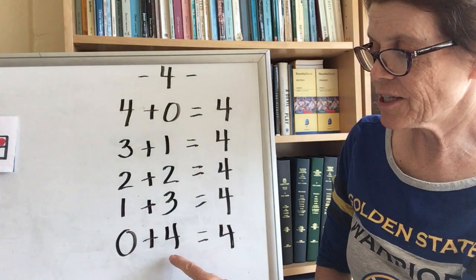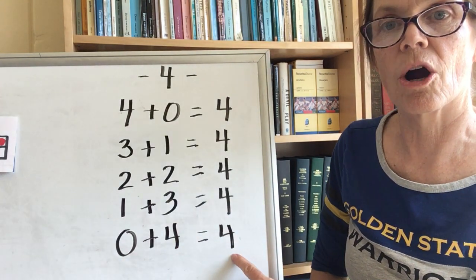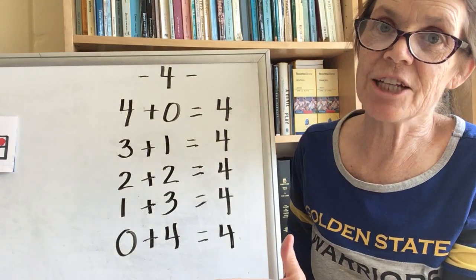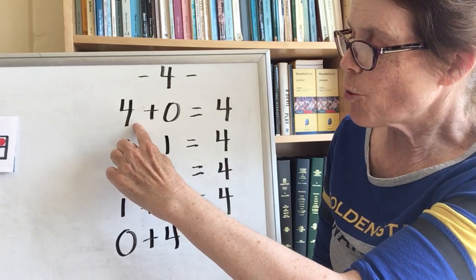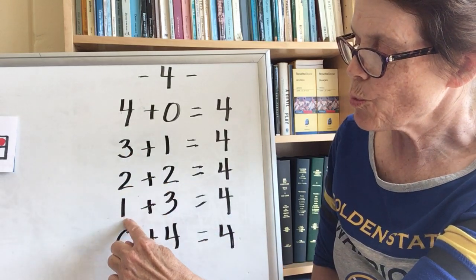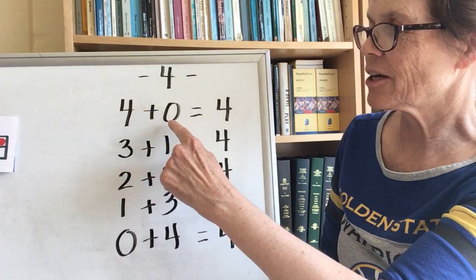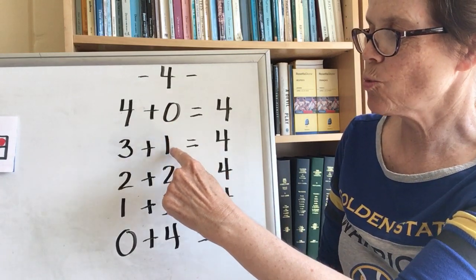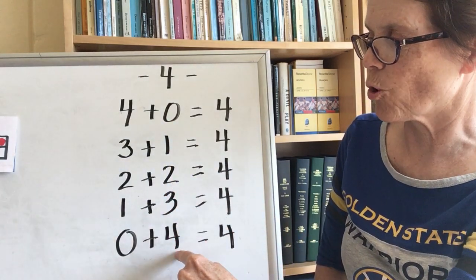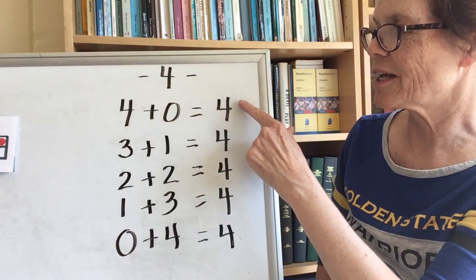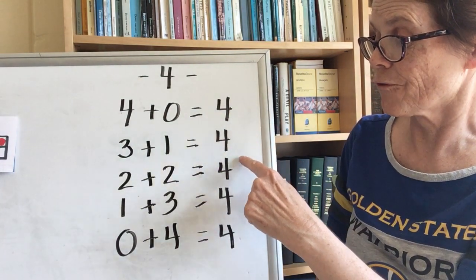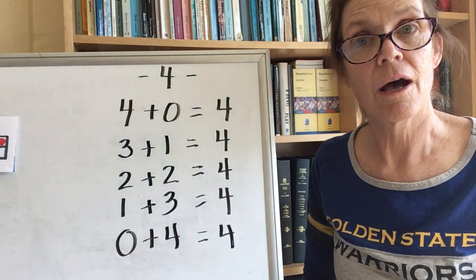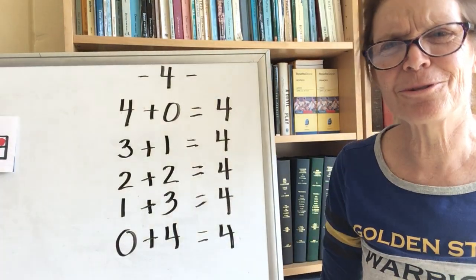And 0 plus 4 equals 4. We noticed yesterday too that there's a pattern here, that we have 4, 3, 2, 1, 0. And on this side we have 0, 1, 2, 3, 4. Then we have all the equal signs and we've got the same answer for all of them. 4, 4, 4, 4, 4. Okay, that's a pretty cool thing to know.